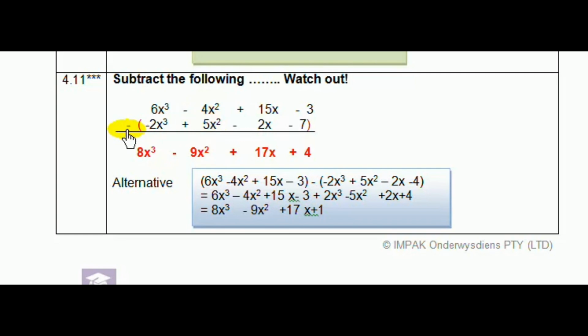There's another minus sign there. Minus that plus will give you minus 5x squared together with a minus 4x squared will give you minus 9x squared there. That minus sign multiplied with that one will give you the plus 2x, and plus 2x and 15x together is this 17x. Minus times that minus is plus 7 minus 3 is plus 4.